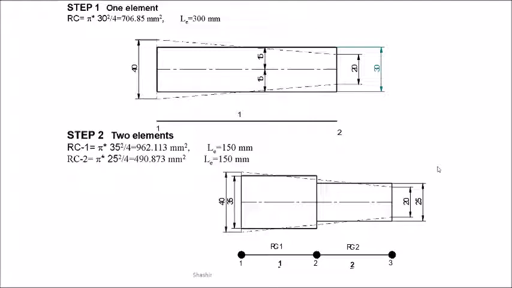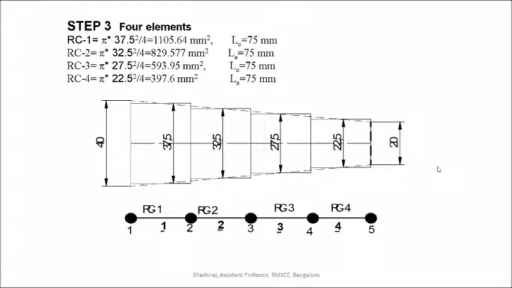So in the first method, we use one element, we take the average cross section and model it. In the second case, we model it as a two element case, and how it is averaged is given here. You can notice that it is reduced to a stepped bar. And in the third case, we are dividing it into four different elements, and how each cross section is measured is given in detail here.